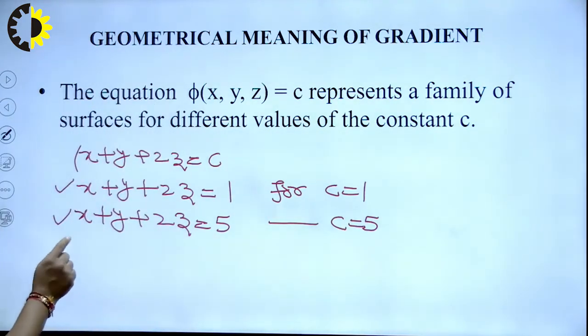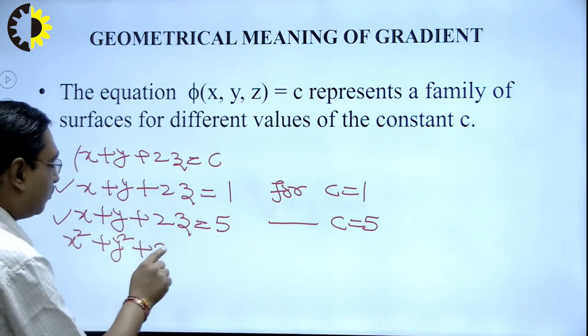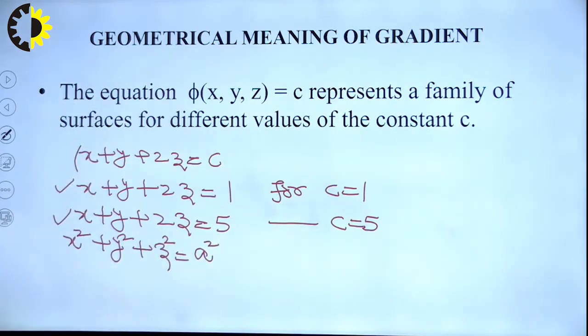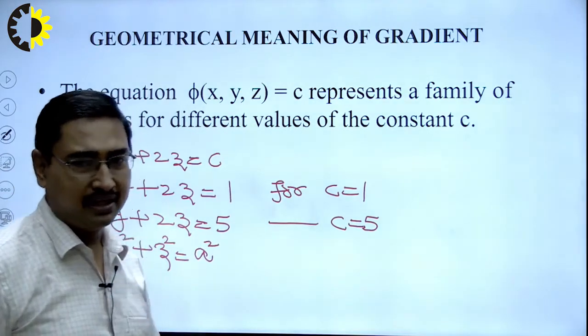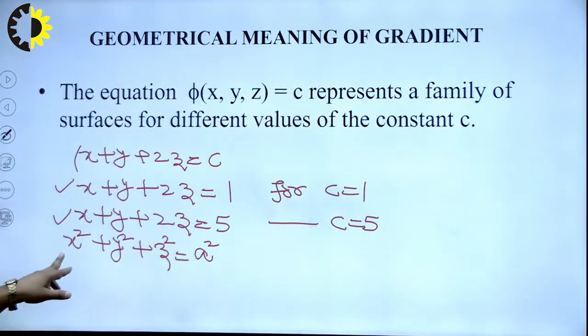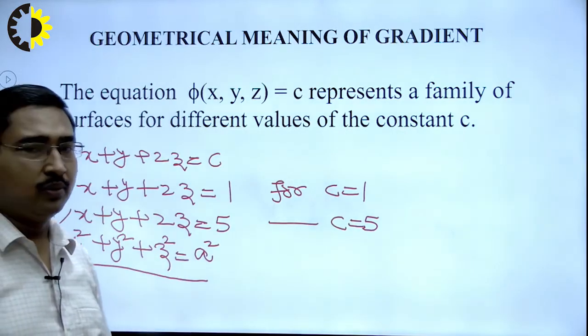Similarly, if I consider x square plus y square plus z square is equal to a square, here parameter c is replaced by a square. Taking different values of a here, I shall obtain different equations of the form x square plus y square plus z square equal to a square.